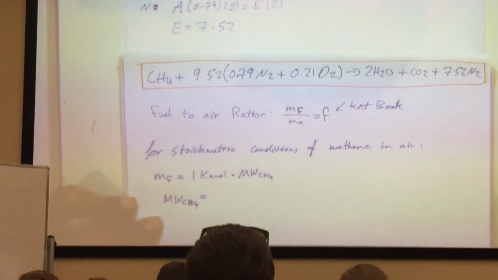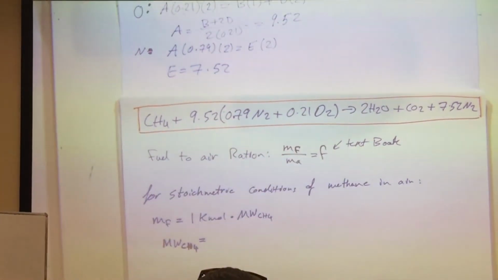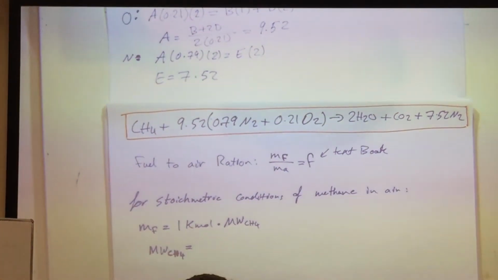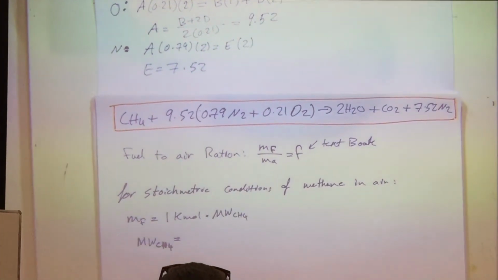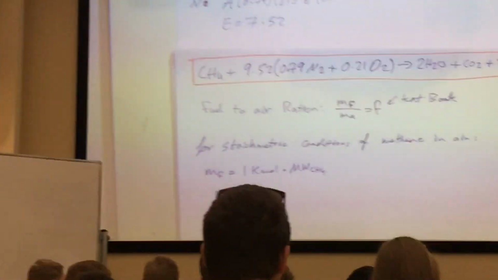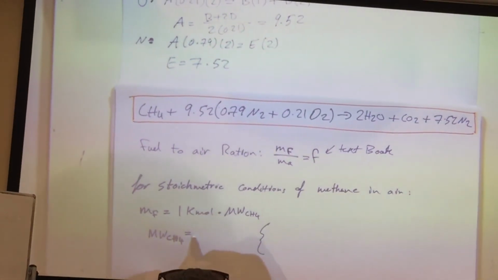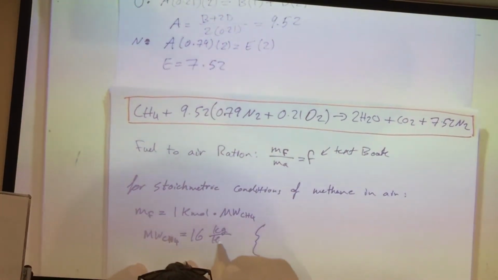So I'll caution you right now. How do I compute the molar mass for CH4? Anybody know? You add the molar mass of carbon and hydrogen, so 12 plus 4. Exactly, 12 plus 4, so it's 16 kilograms per kilomole.